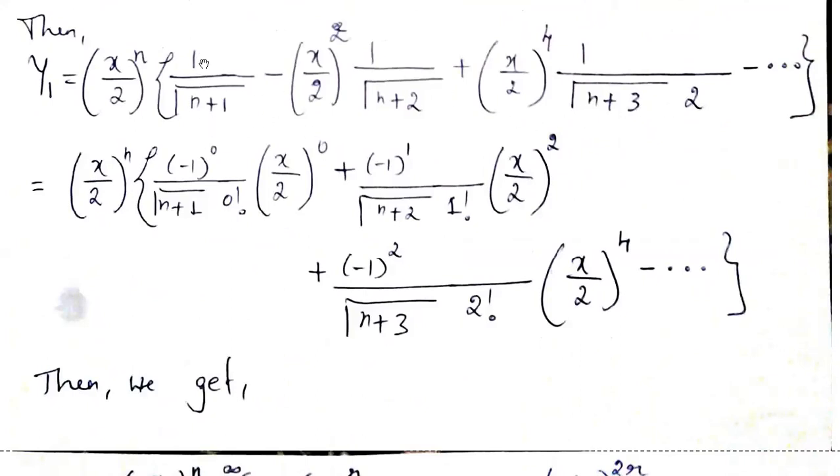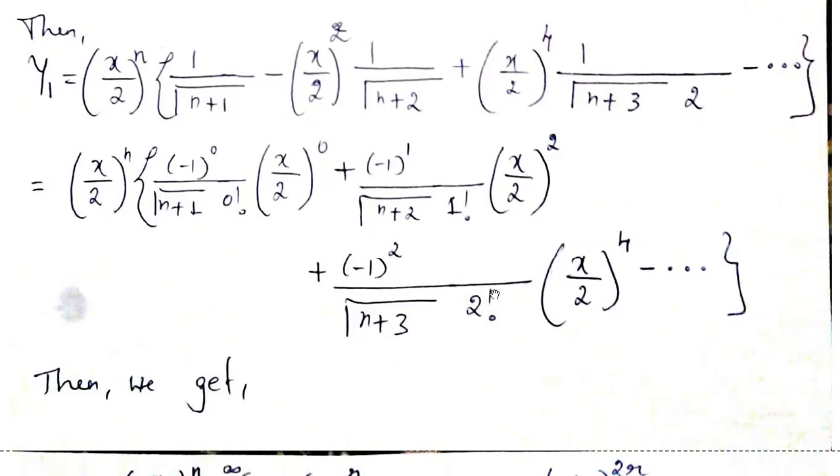So what we do is we write the first term as minus 1 power 0, which is equal to 1. This term we are not changing, gamma n plus 1 as it is. We write 0 factorial, which is equal to 1, into x by 2 power 0, plus the next term is written as minus 1 power 1 over gamma n plus 2 into 1 factorial into x by 2 whole square, plus the third term will be minus 1 whole square divided by gamma n plus 3.